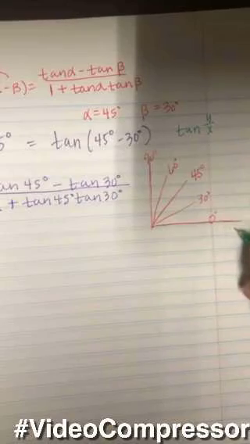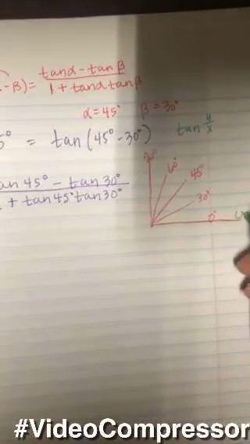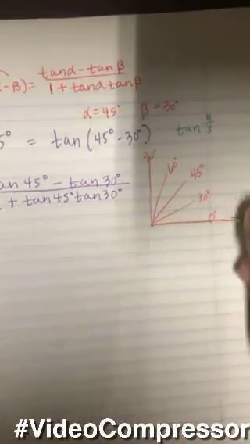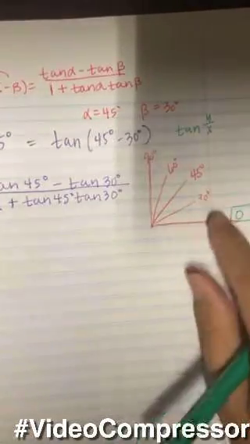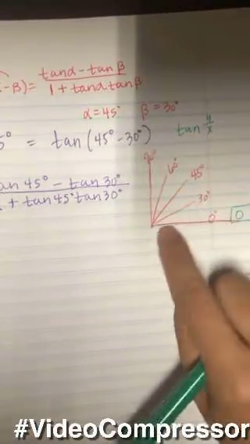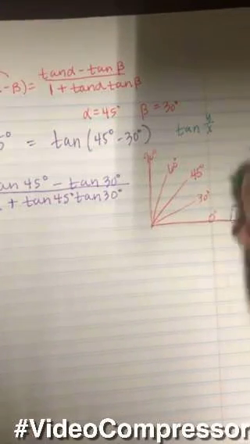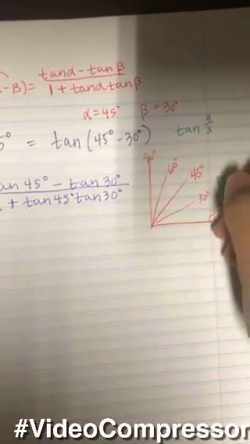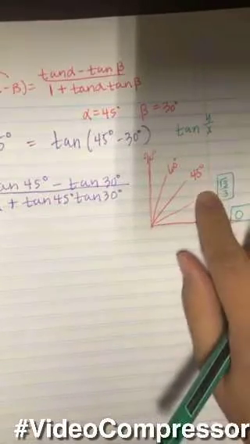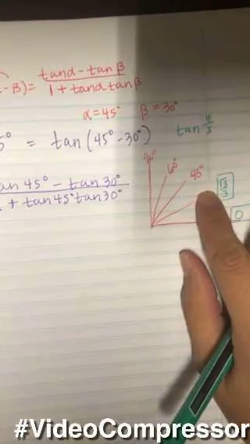So here we have 1, 0, so 0 over 1 is 0, right? So that's that tangent value, put a box around it. Here we have 1/2, square root of 3 over 2, so square root of 3 over 2 divided by 1/2. That gives me the square root of 3 over 3. Here I have square root of 2 over 2 divided by the square root of 2 over 2. That is 1.